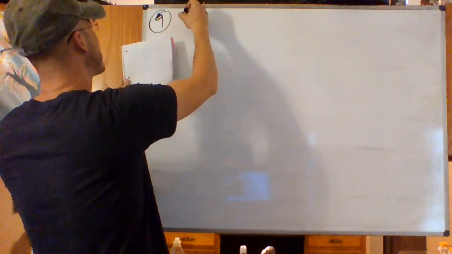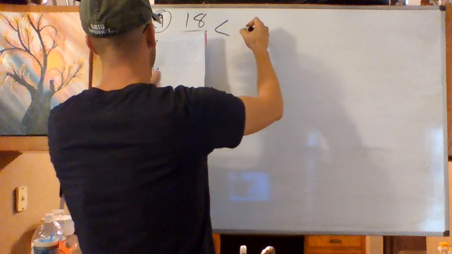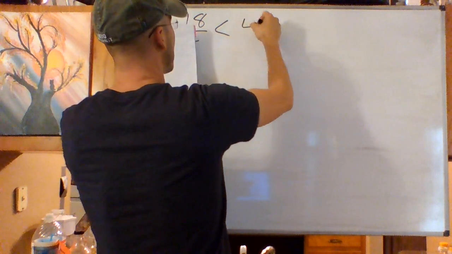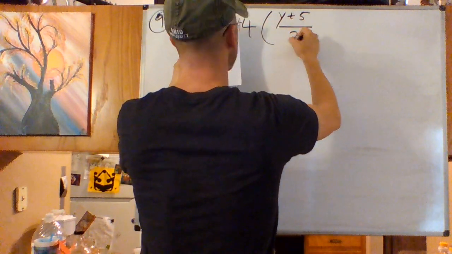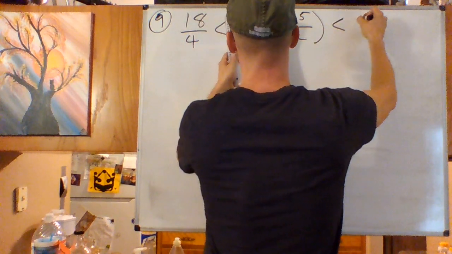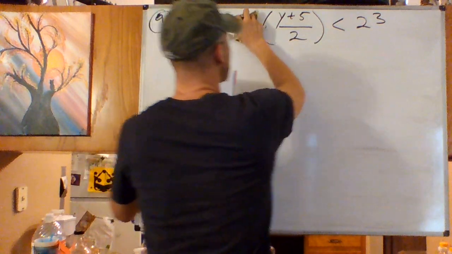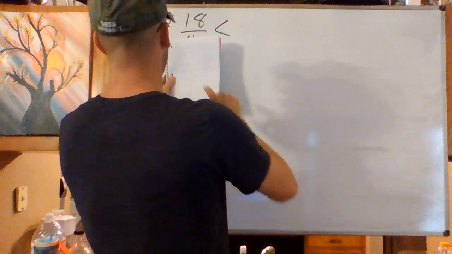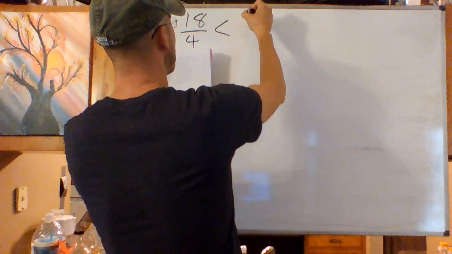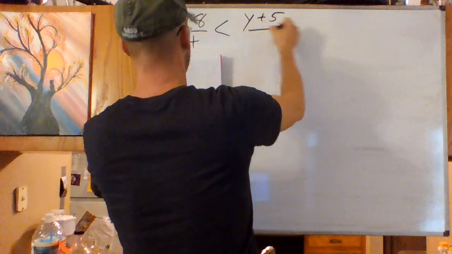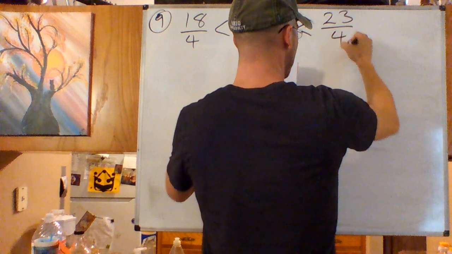The problem 9, I got 18 over 4 is less than y plus 5 over 2 is less than 23 over 4.